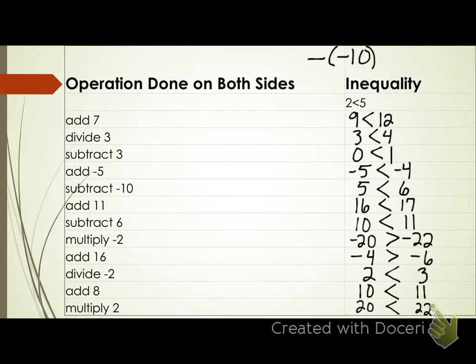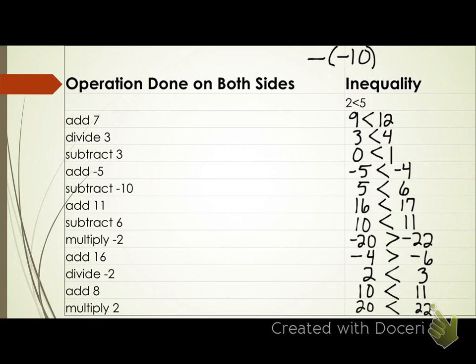So what did we notice here? Did we notice anything in particular? When did it change? When did my inequality symbol flip? Not when we subtracted 6.